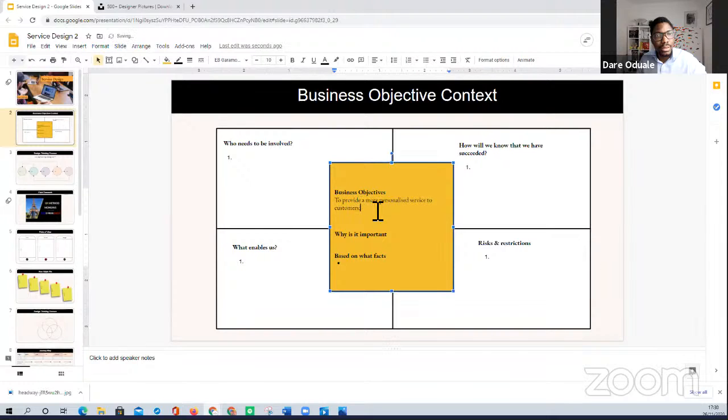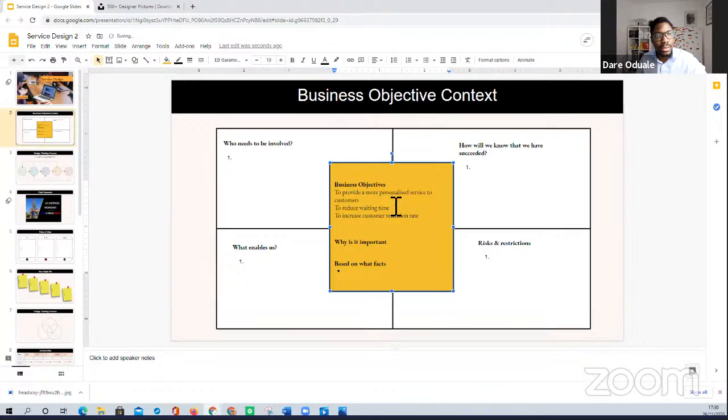Let's leave it as a bullet point. To reduce waiting time, to increase customer retention, and to ensure every customer gets excellent service anywhere they are in the world. I love that too. To provide personalized service to customers, to reduce waiting time, to increase customer retention rate.